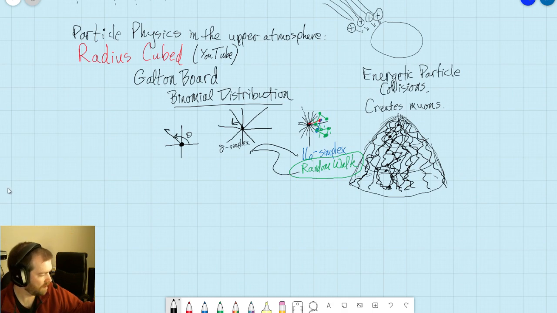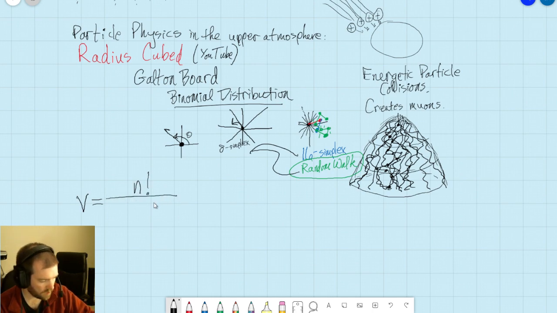The particular location that we're at is going to have a value equal to n factorial over the product as i goes from 1 to m minus 1 of k sub i factorial, times n minus the sum as i goes from 1 to m minus 1 of k sub i factorial.